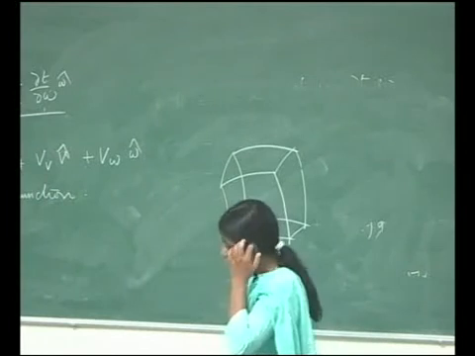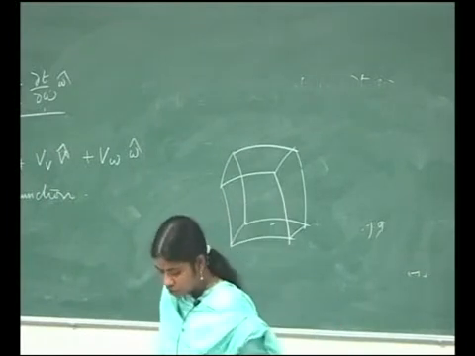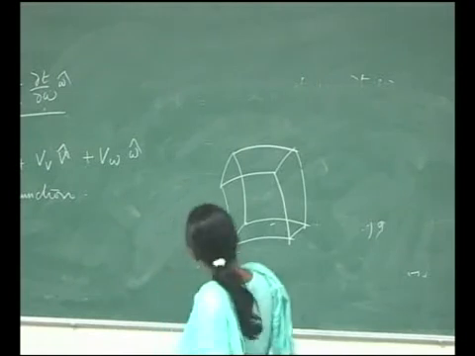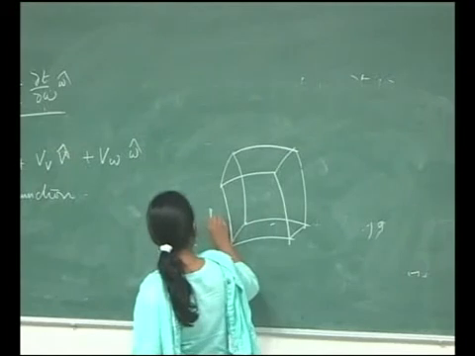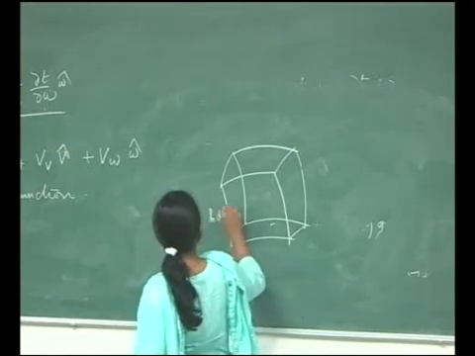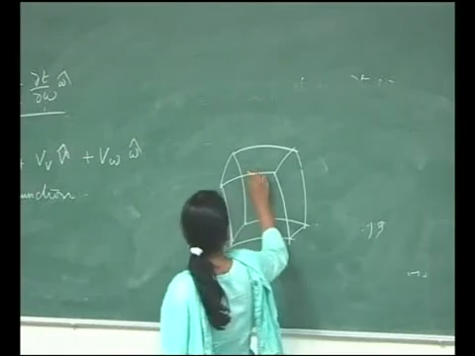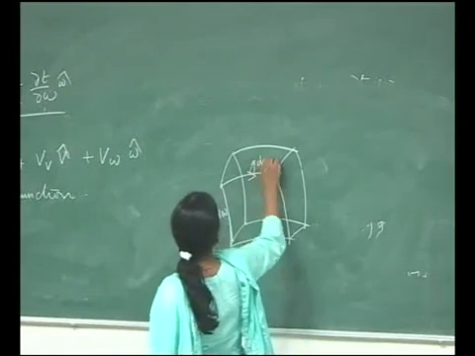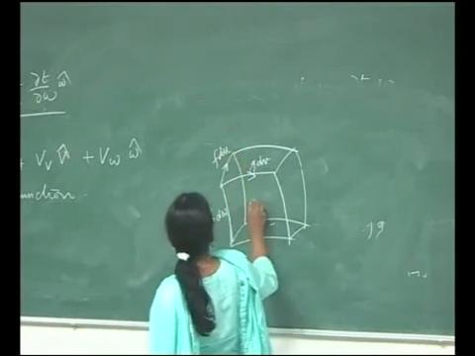Now we have to give the dimensions. The front face is H dW, and we take this as G dV and this as F dU.